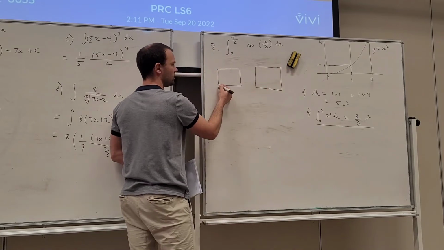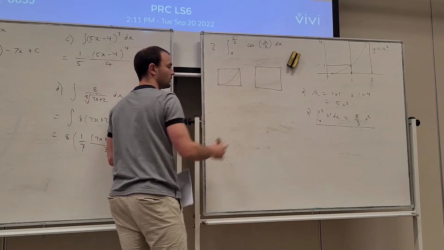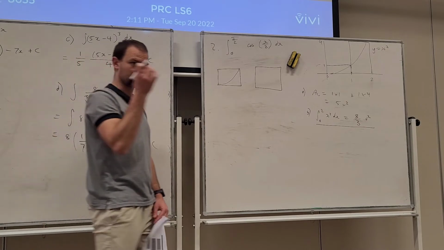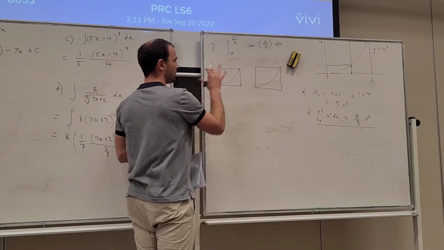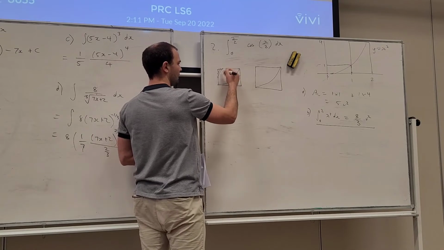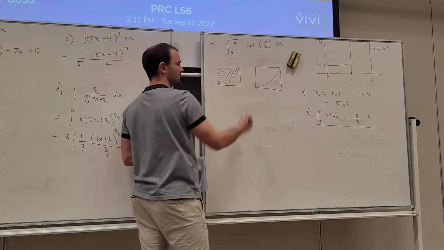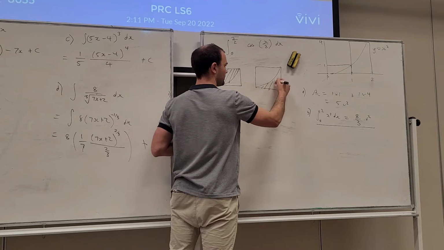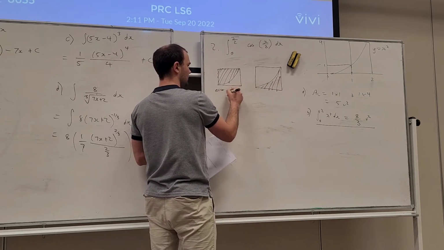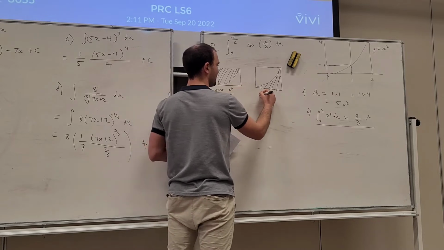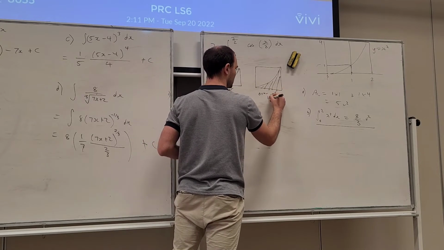Okay? So if it's concave up, that means it curves like this. I'm going to exaggerate it for the purposes of demonstrating my point. It's concave up, it looks like this. And if we do the upper estimate, the rectangles are above the curve. And if we do the lower estimate, they're below the curve. So here we have the error of upper, and here we have the error of lower.